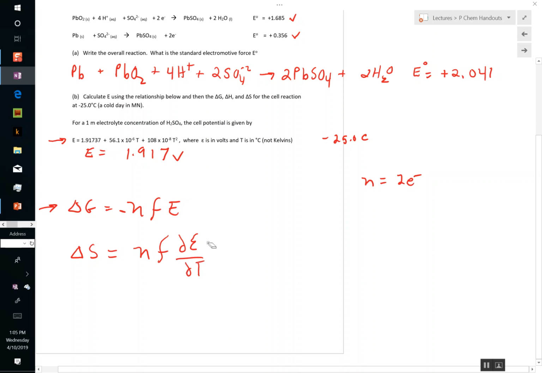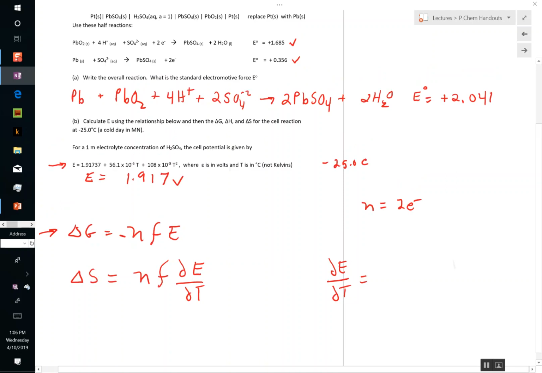Now, that's going to be the change in E naught with respect to T? Just E, because of the equation that was given right above. And how are you getting this? Derivative of that E equation with respect to T. That equation is E with the variable T up top.